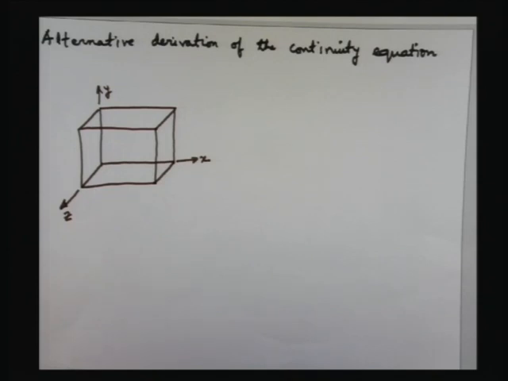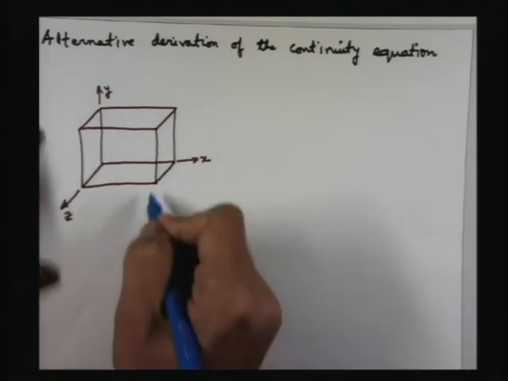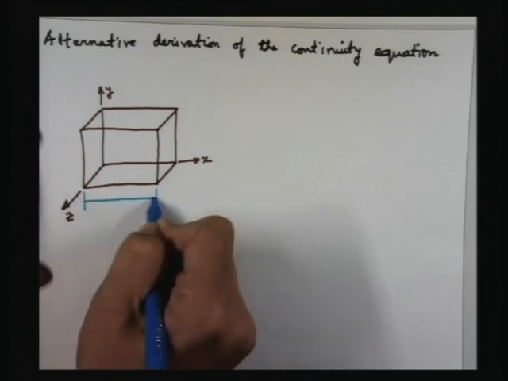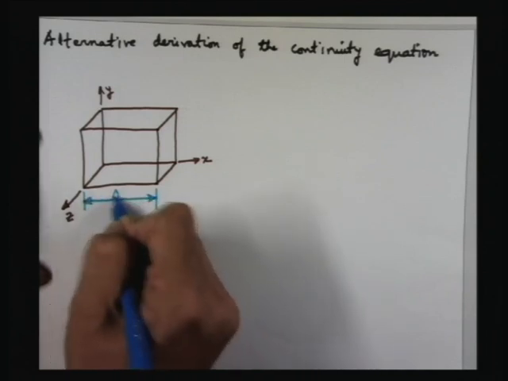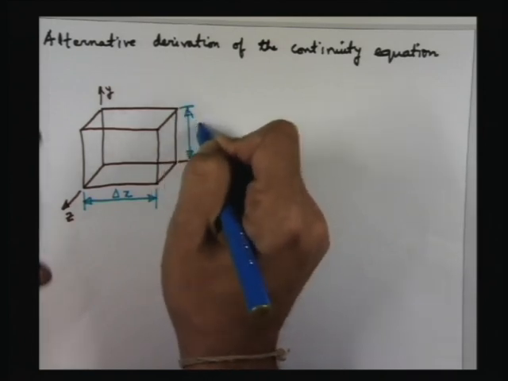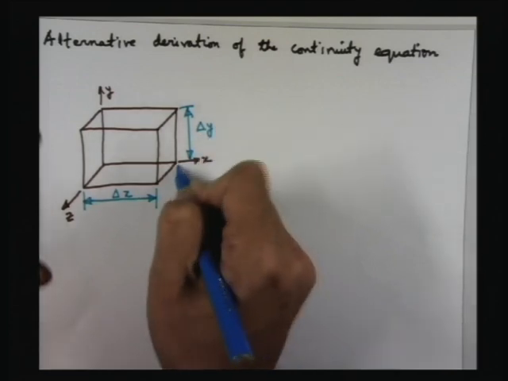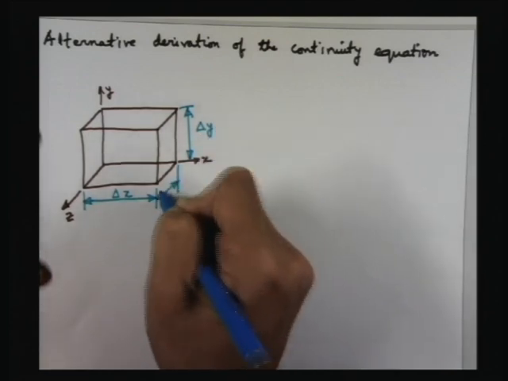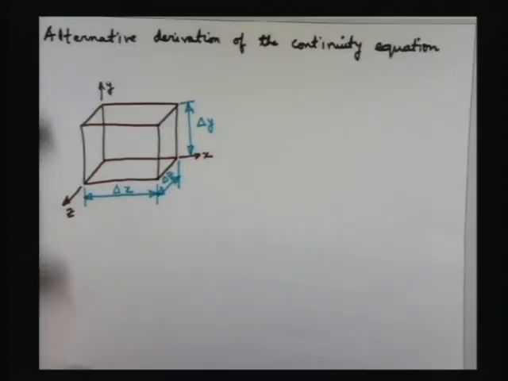Let us give some dimensions to the sides of this box: delta x, delta y, and delta z. Now, to begin with, let us write the physical principle of the conservation of mass applied to this particular control volume.